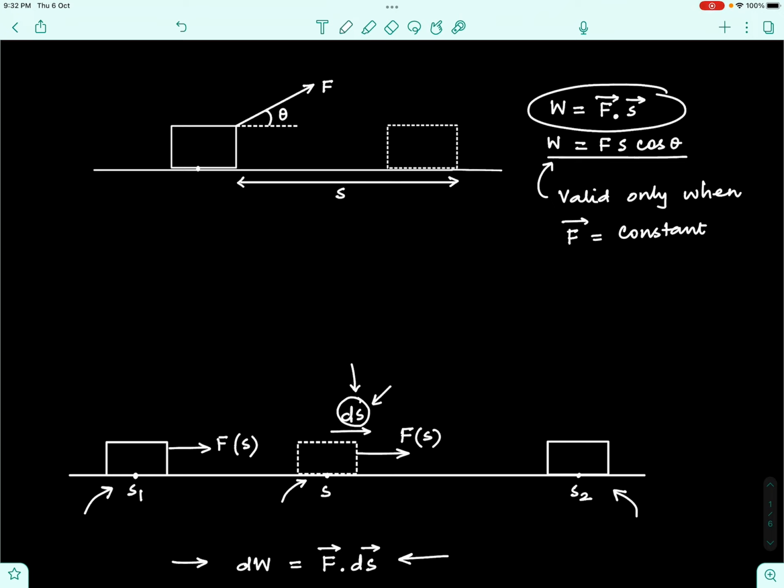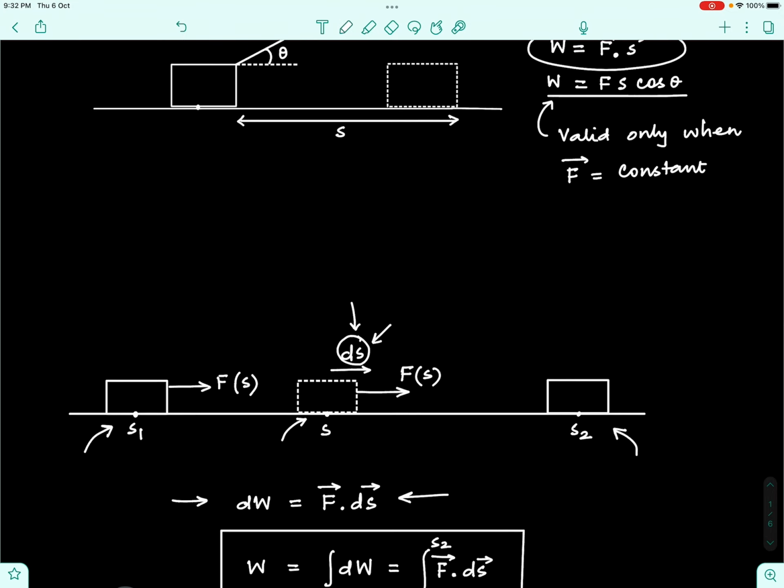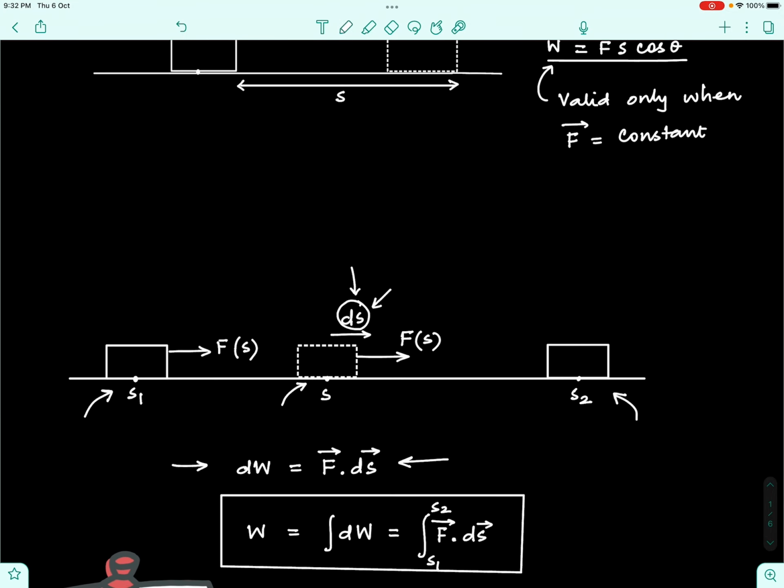And now, since we have got this small work done for this particular displacement, we can say that similarly we can find out the small work done throughout the displacement S1 to S2, throughout the change in the position. And then, the work being scalar, all these small works done can be added up to get the total work done by the force on the particle. So, adding up all the small works done will mathematically be represented as the integral of dW, right.